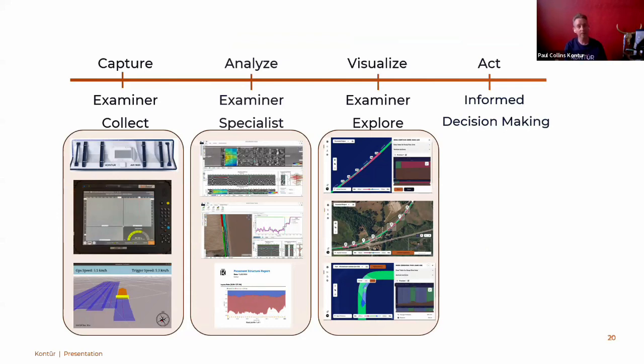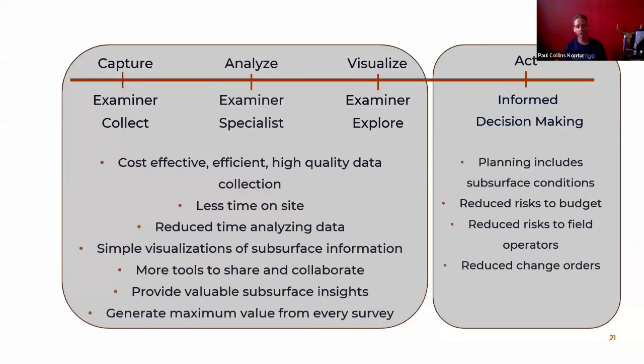When we analyze, we have Examiner Specialist, which has its own reporting tools, its own statistical evaluation, its own visualizations. And then if we want to communicate that in a web-based platform, we can extract into Examiner Explore, where an engineer or combined, we can have a discussion on the findings. And then ultimately they will make decisions.